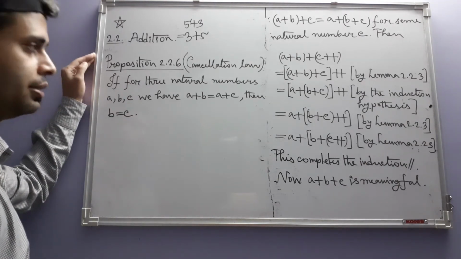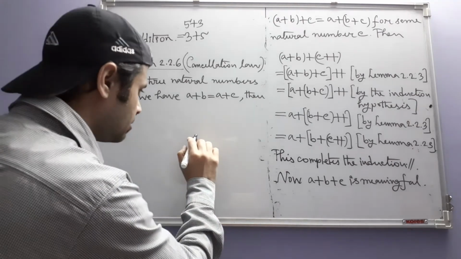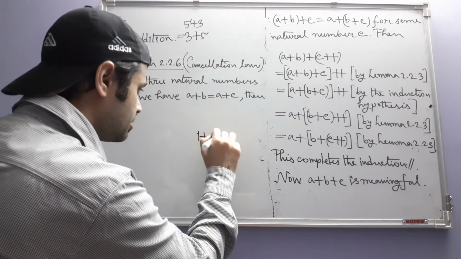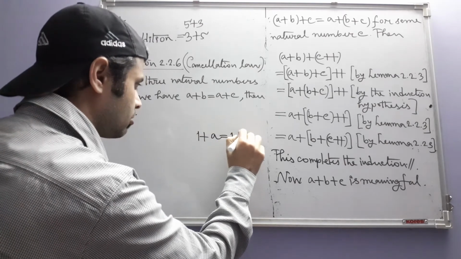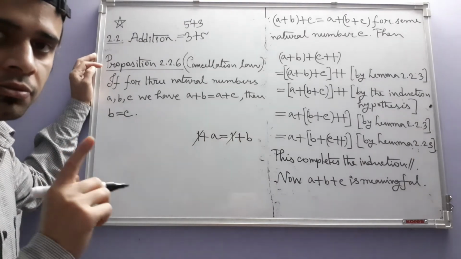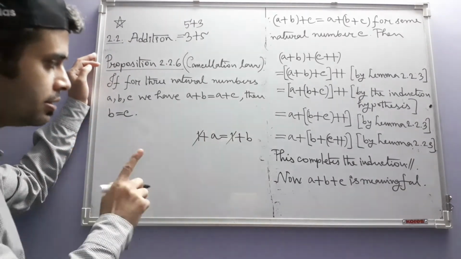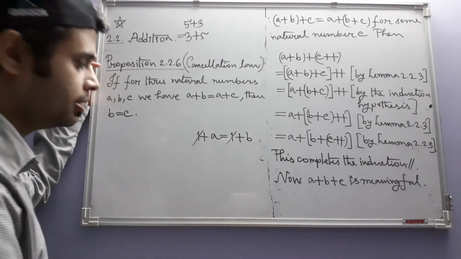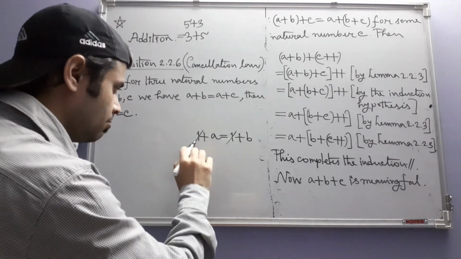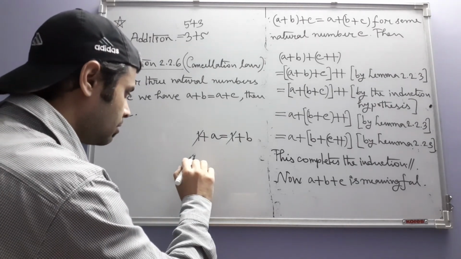Now keep in mind, when something like this is encountered, the fact that we cancel 1 from both sides is justified like this. I said it once, I am going to say it again.